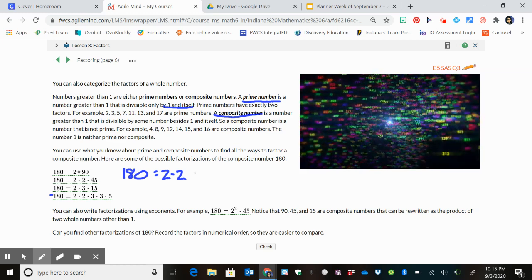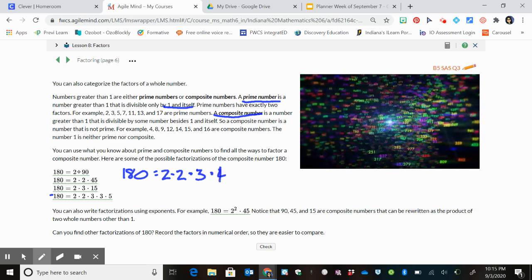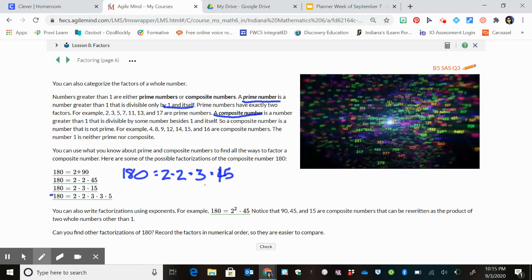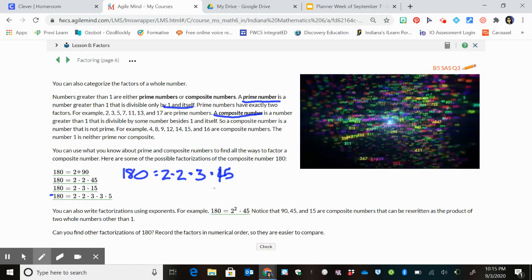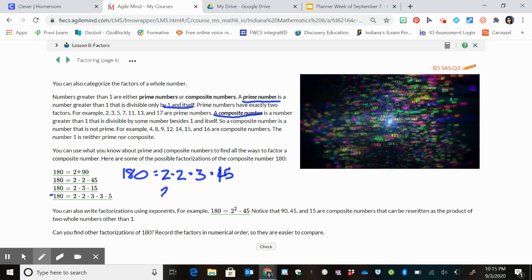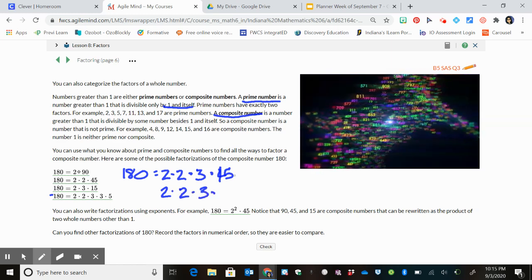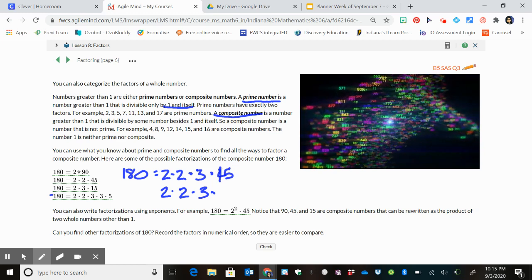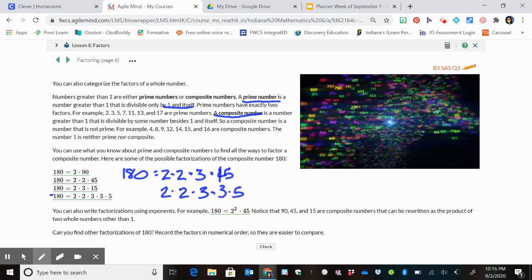So then we have 45, and we're going to break it into 3 times 15, because 3 times 15 makes 45. Now notice that 15 is still composite. So I still have 2 times 2 times 3, and I'm going to think of factors that make up 15, and I know there's 3 times 5 that make 15.